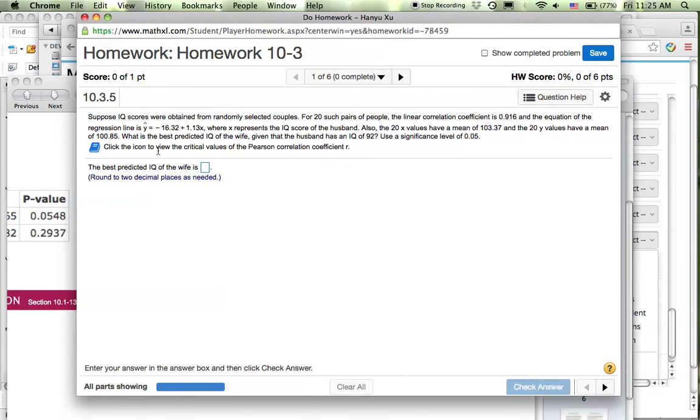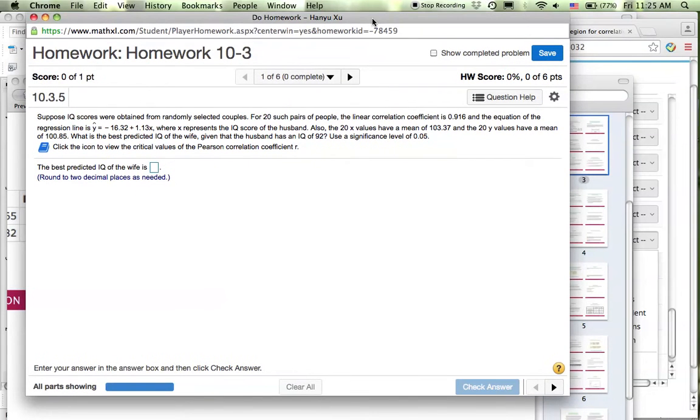Okay, then in order to predict y, you know your x is 92. So you plug x equal to 92 into this formula. Okay, so your answer should be negative 16.32 plus 1.13 times 92. And of course, you should round to 2 decimal places. So that's this one.